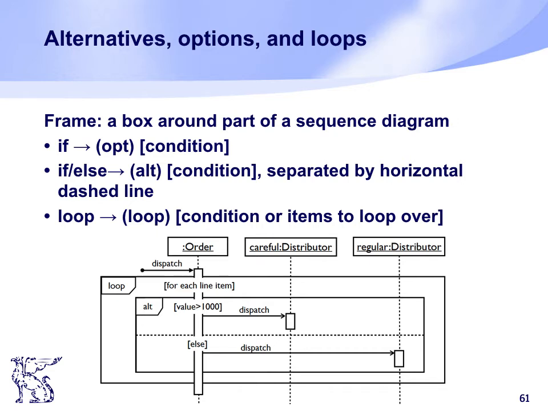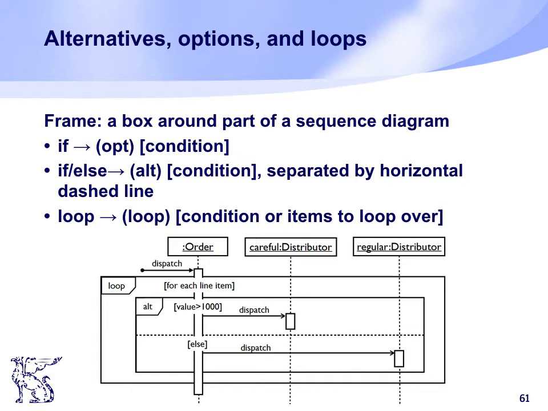The alternative fragment is represented by a large rectangle or frame, and it is specified by writing alt at the top corner as the fragment operator name. And if you want to show two or more alternatives, then the larger rectangle is divided by using a dashed line.